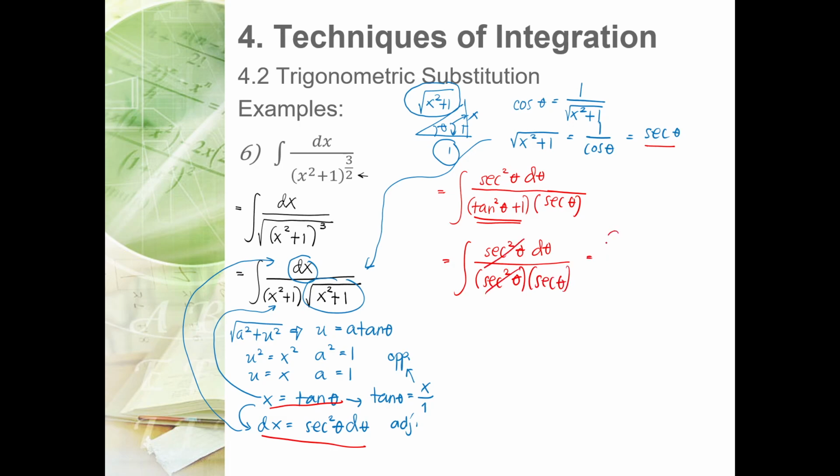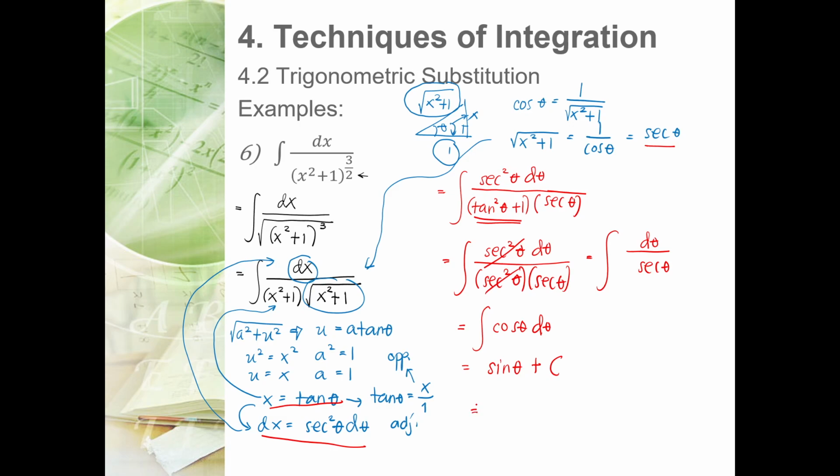So what's left is the integral of d theta all over secant theta. So 1 over secant, if you do the division, becomes cosine theta d theta, which leads us to its integral, which is sine theta plus c.